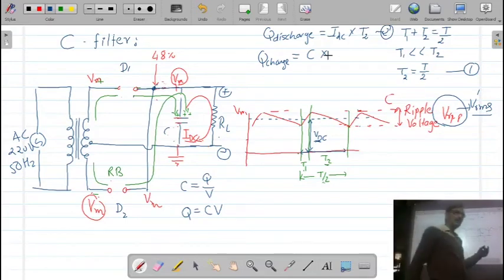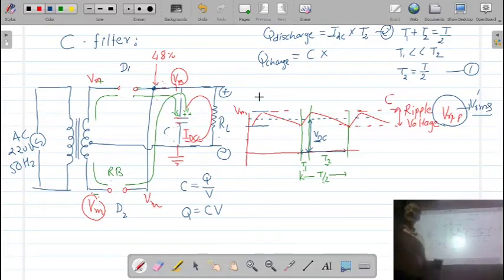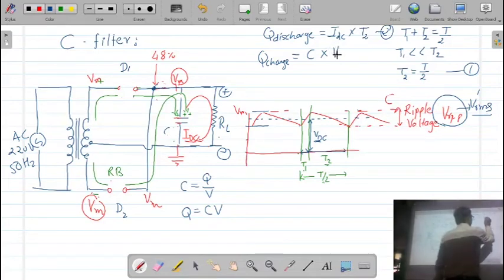V is the voltage across the two plates of the capacitor. And in our case, the voltage across the two plates of the capacitor is VR peak to peak, which is not filtered by the capacitor. So here we can write it is VR peak to peak. You can say this is equation number 3.